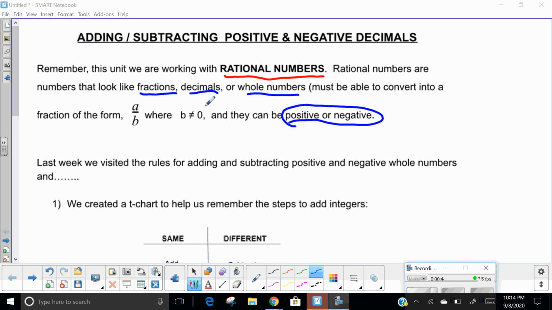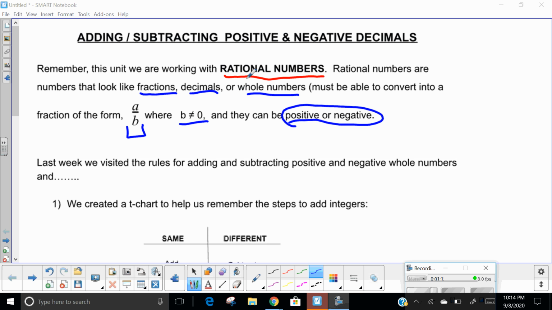Okay, and the reason why these forms of numbers can be called rational numbers is because we can convert them to fraction form a over b. So we have some number a in the numerator over some number b in the denominator, and b can never be equal to 0.